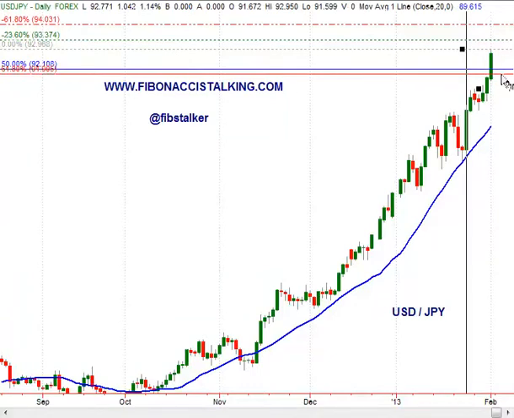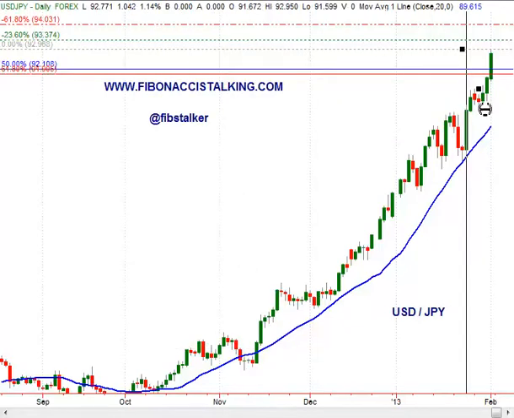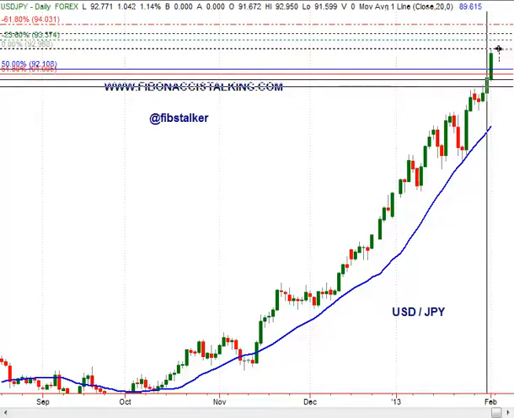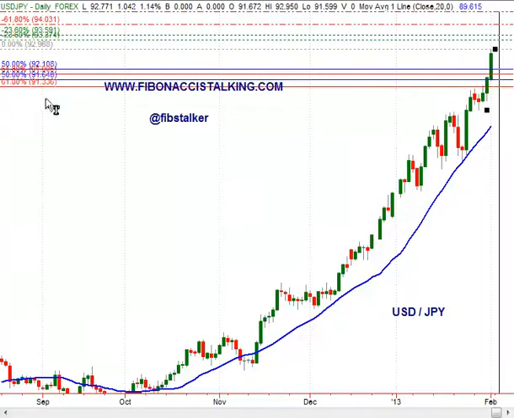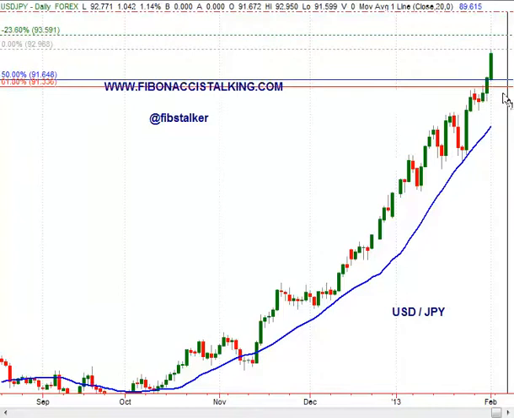However, I will not trust this level. If price goes below 91.90, I cannot trust the beginning of a reversal. Maybe we could, if price went below this other level here, the 91.30 level.